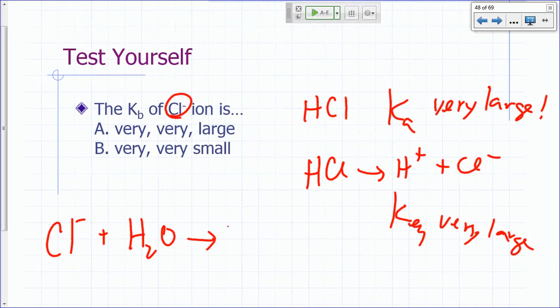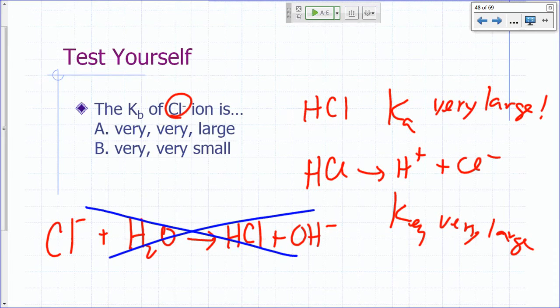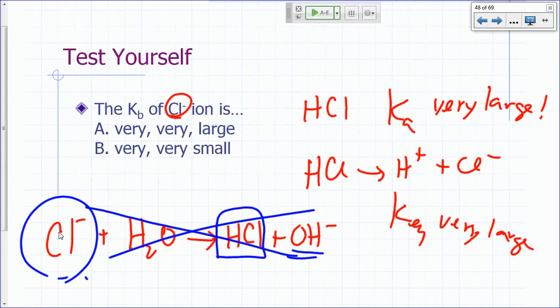You would say this reaction right here, where chloride reacts with water to give you HCl and hydroxide, this doesn't happen at all, hardly ever happens, because chloride is a very weak base. Okay, so it cannot pick up a proton from water. HCl is a very strong acid, so it's not going to stay as a molecule in water. So the correct answer for this is B, very, very small.